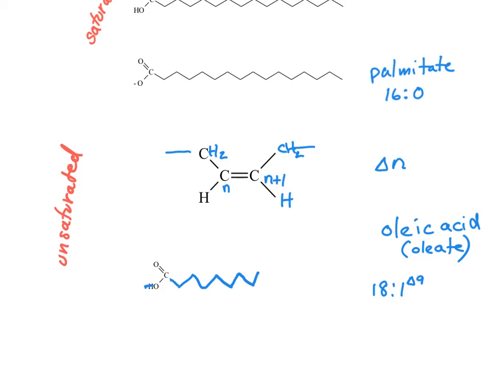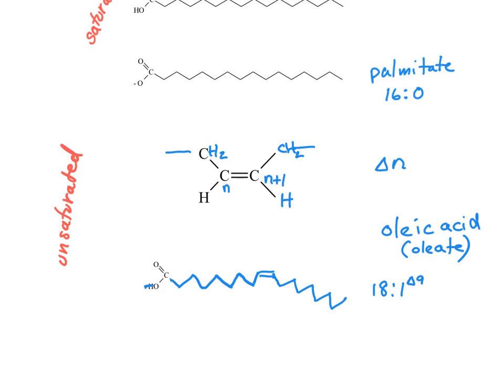Now pause for a second. Remember, there's going to be a double bond between 9 and 10. And remember, it's a cis double bond. So once I draw a 10, I need to draw 11 on the same side as the other carbon. So that's 11, 12, 13, 14, 15, 16, 17, 18. This is what oleate looks like, and I will take off a small point if you draw it with a trans double bond instead of a cis double bond.